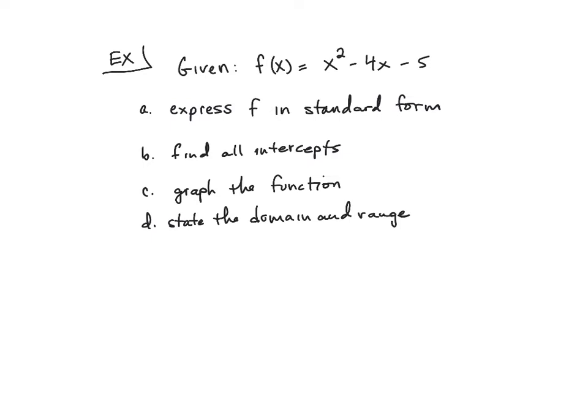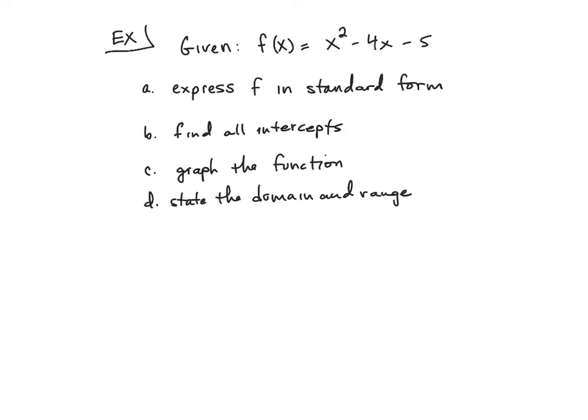So here's an example of what it would look like on your homework. We have been given the equation of a quadratic function in general form. We first need to express it in standard form, and then find all the x, y-intercepts, graph the function, and state the domain and range. So the technique is called completing the square.